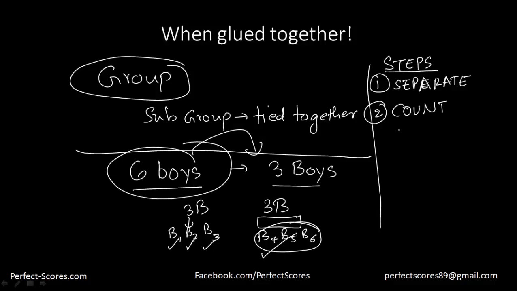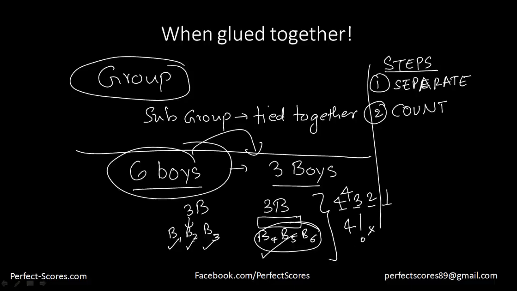You count how many groups you have. You have a total of 4 different people who can be arranged anywhere. In how many ways can 4 people be arranged in 4 spaces? That would be 4 factorial, because if you watch the videos permutation 1 and 2, you would know that would be 4 factorial ways.